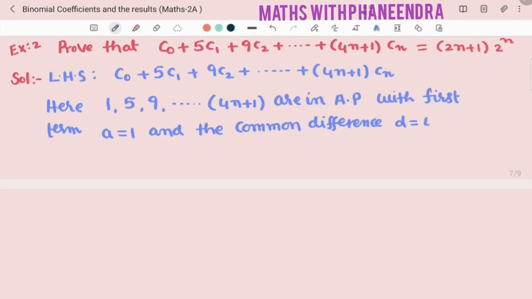It will be D value 4. Common difference D 4 and first term as 1.